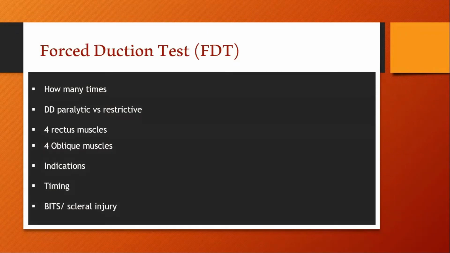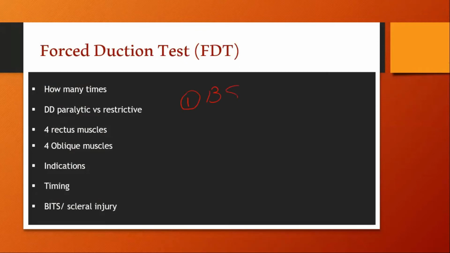Can anyone tell me the most important examples in ophthalmology where forced duction test is a very essential step in the workup of the patient? Differentiate a paralytic from a restrictive cause of strabismus. Just give me a more specific example.